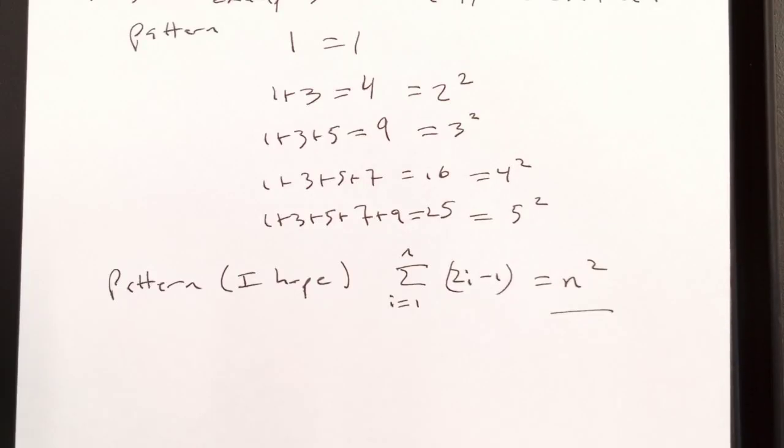I need a new method of proof to try and figure out how to prove this. And the method I am going to use is an inductive argument. It depends on the ability to go from one number to the next.